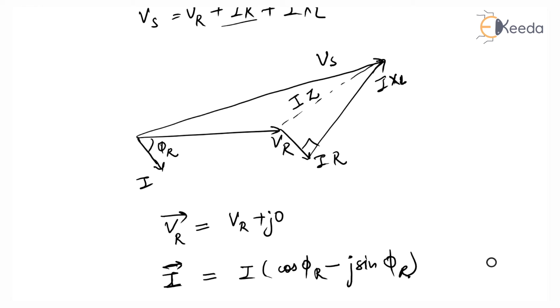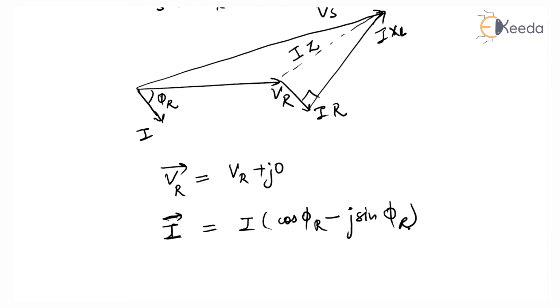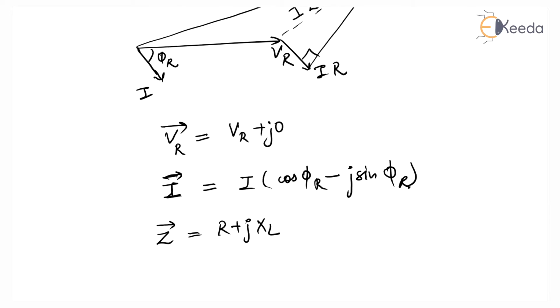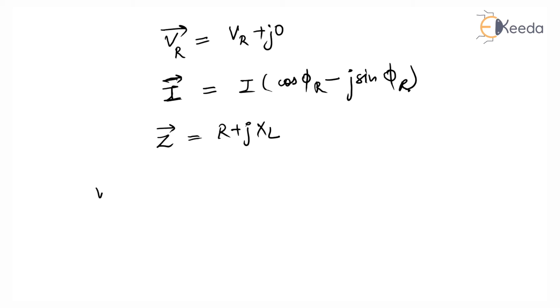And this R plus jXL is Z, so this is I Z, and Z is equal to R plus jXL. I have already told you in our last numerical that it is convenient and profitable to make the line calculation in complex notation. So vector VR is equal to VR plus J0.